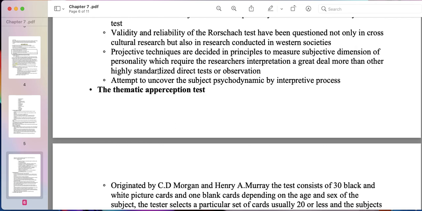Projective techniques are designed in principle to measure subjective dimensions of personality, which requires the researcher's interpretation a great deal more than other highly standardized direct tests or observation. They attempt to cover the subject's psychodynamics, but the interpretive process is difficult.